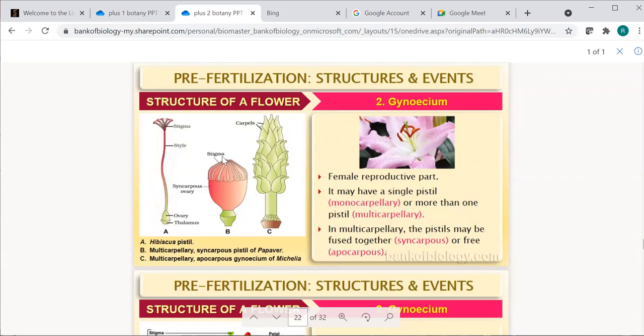So this is an example of syncarpous, where the pistils of Papaver are fused together, whereas for Michelia, they are free. That is called apocarpous. See, everything is free. This is syncarpous. This is apocarpous.